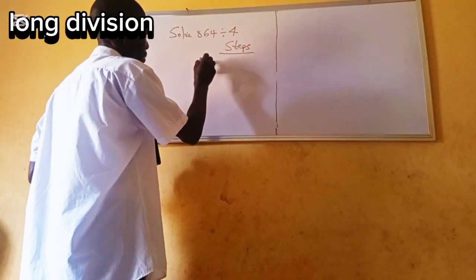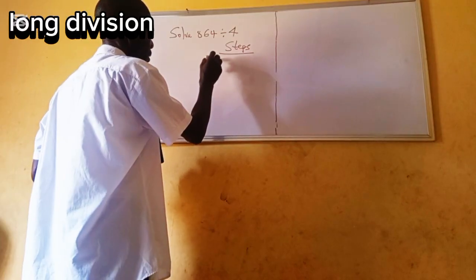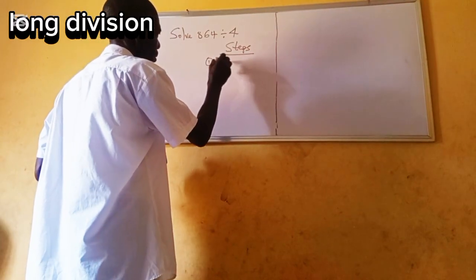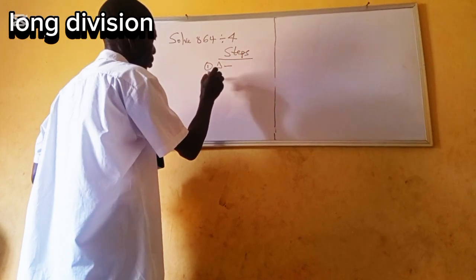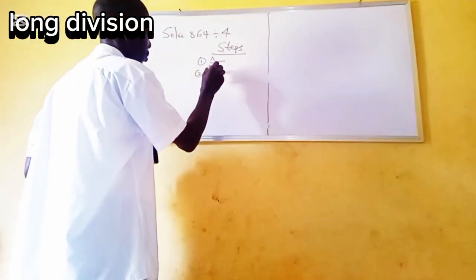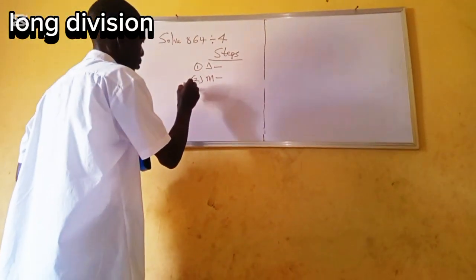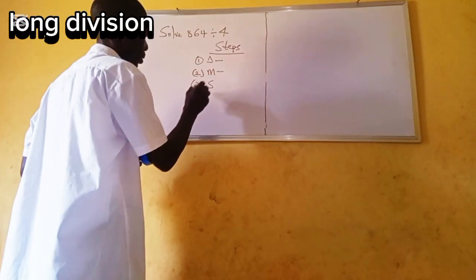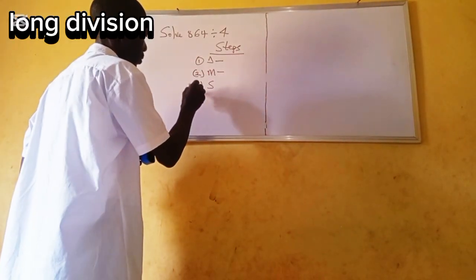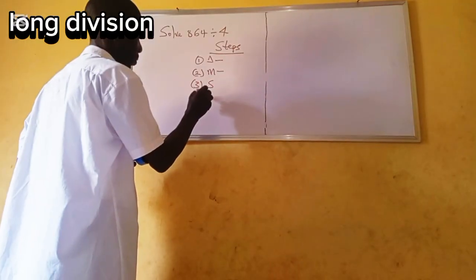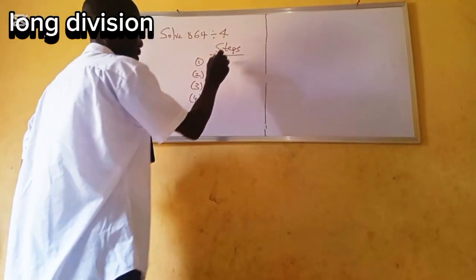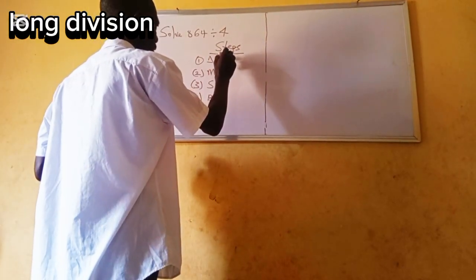Step number 1 is D, step 2 is M, step 3 is X, and step 4 is B. This one is divide.